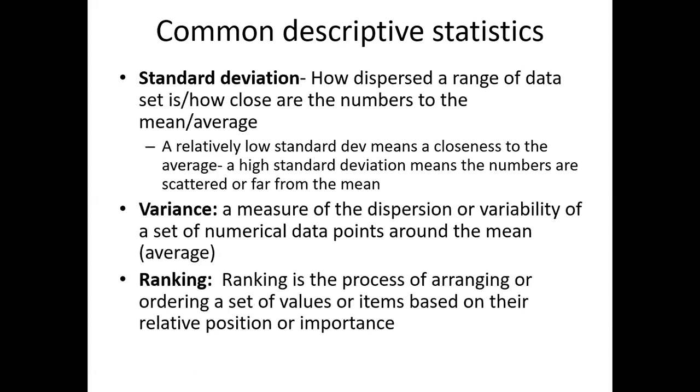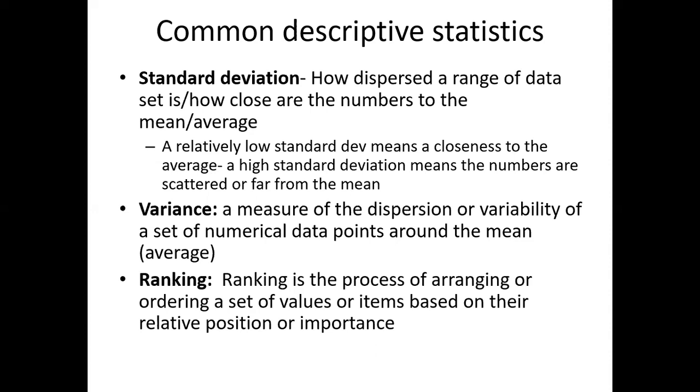Then there's the standard deviation, also a descriptive statistic, and it has to do with how dispersed a range of data set is. How close are the numbers to the mean or the average? If your average is 64, you want to see how close the numbers are to 64, or are they wide off? Are they far off from the 64?